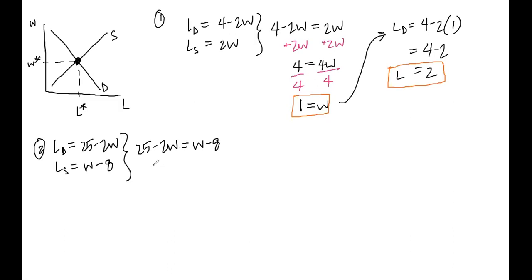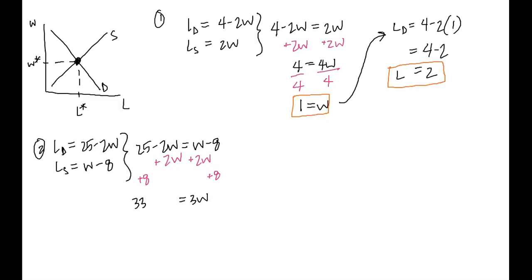So we can add 2W to both sides, and then also add 8 to both sides. So we get 33 equals 3W.